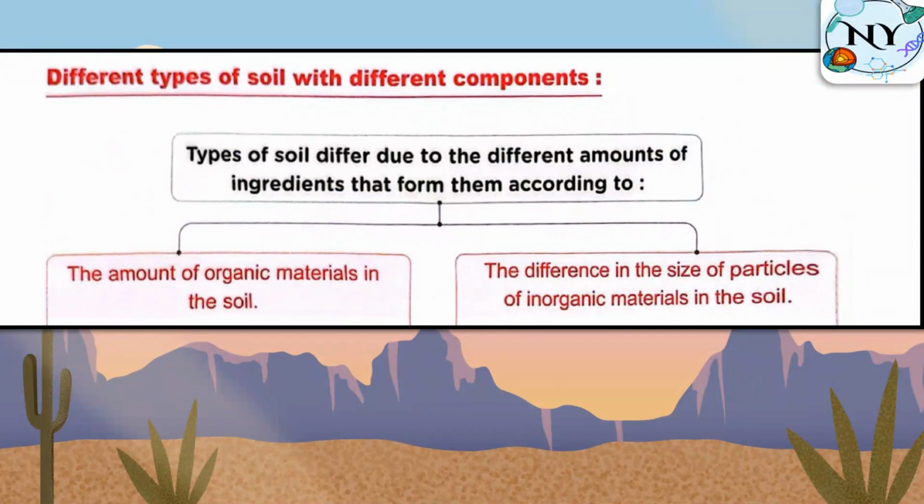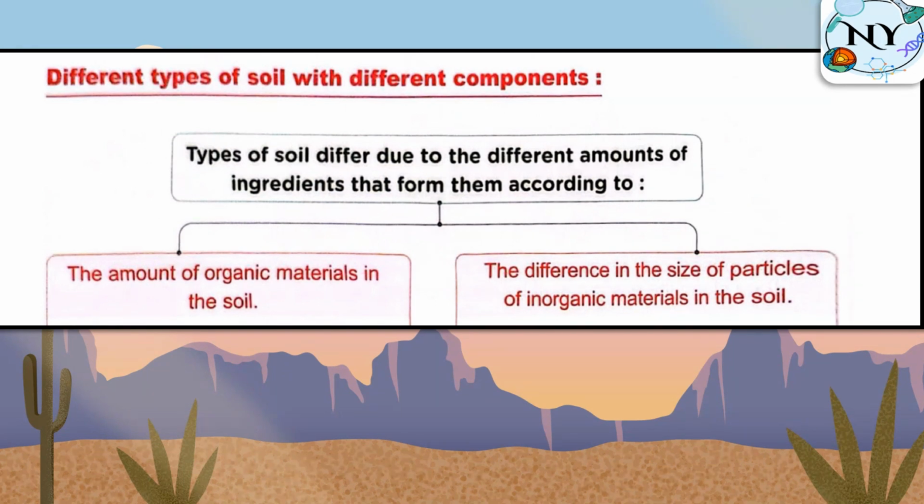Here we have an important question that sometimes comes in the exams in the form of give reason. Give reason, different types. We have different types of soil. By the way, we know that we have 3 different types of soil: sand, silt, clay, with different properties.